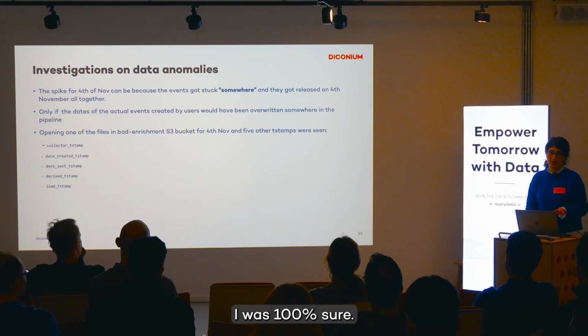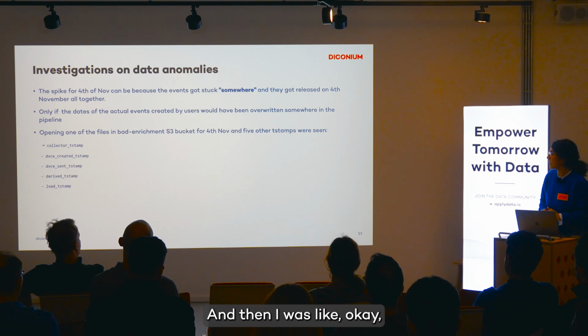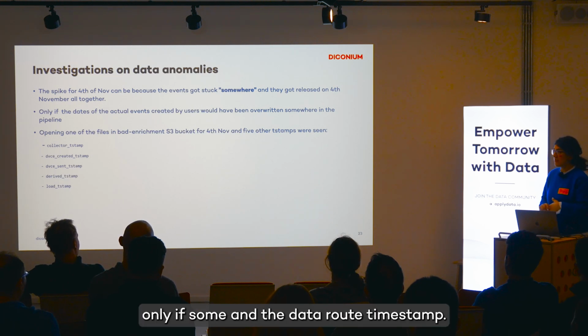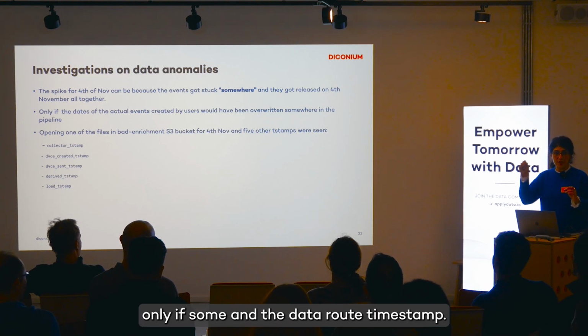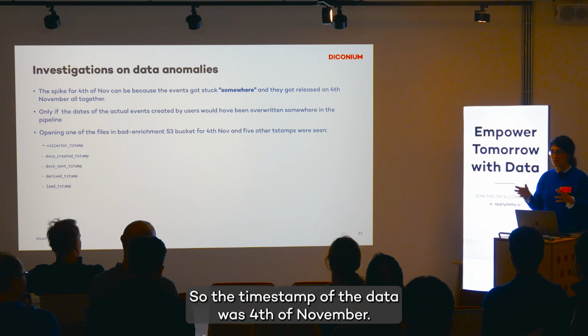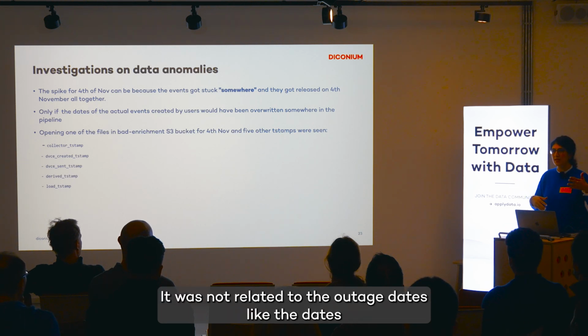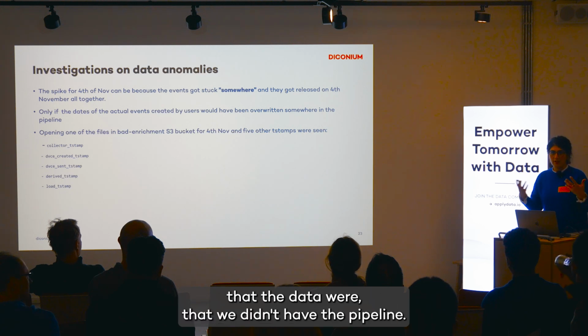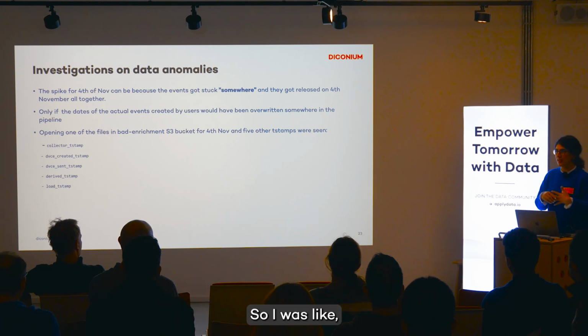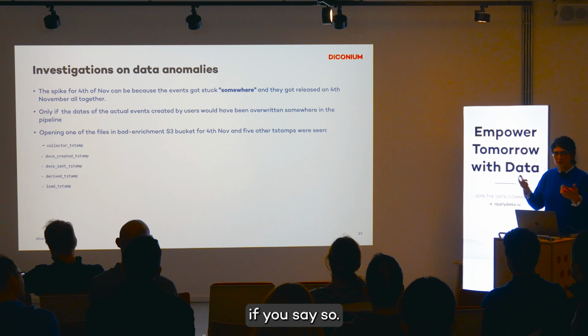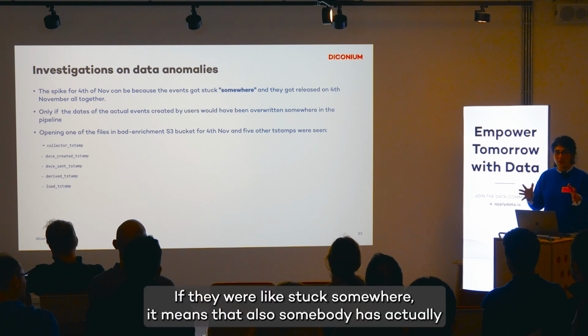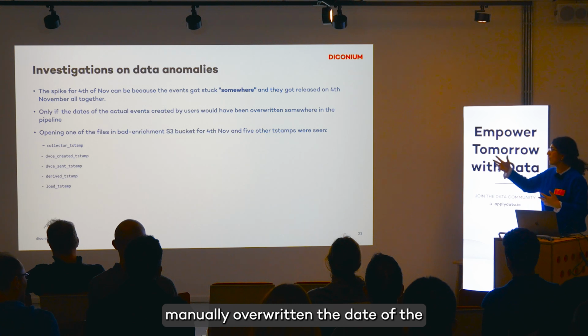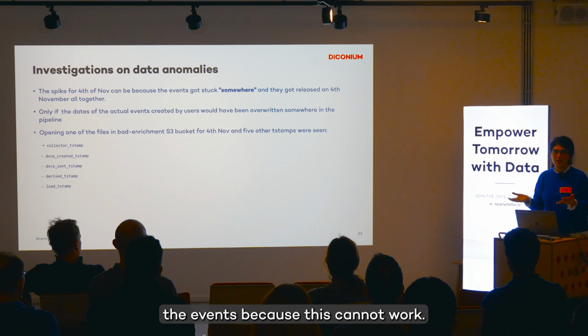I was 100% sure. And then I thought, okay, the root timestamp of the data was the 4th of November. It was not related to the outage dates, the dates when we didn't have the pipeline. So if they were stuck somewhere, it would mean somebody manually overwrote the date of the events, because this cannot work.